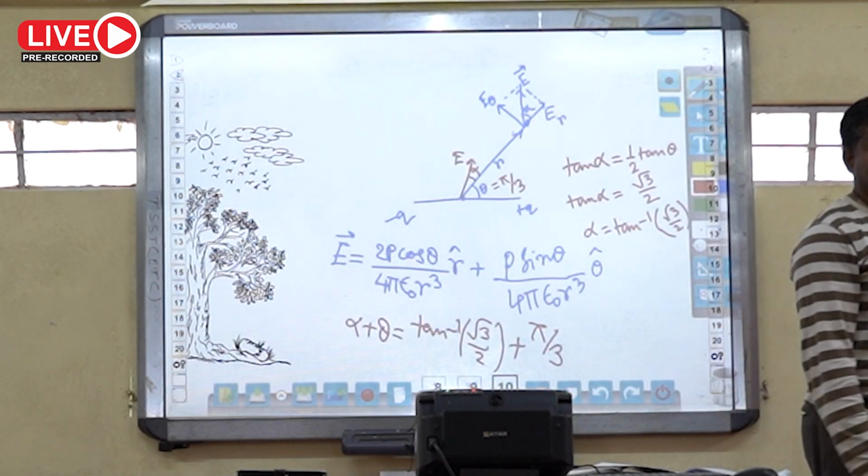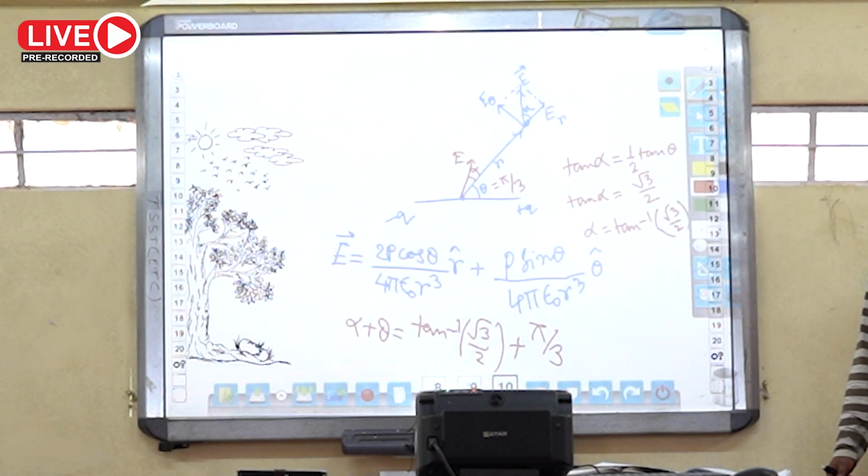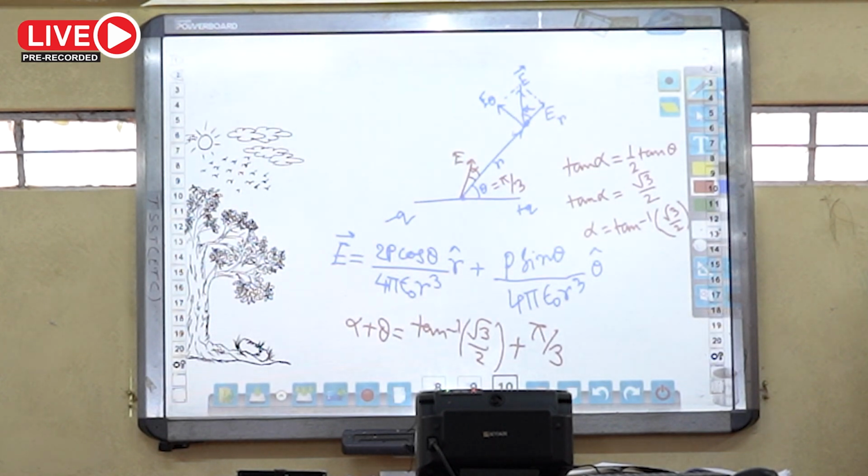Option B. First you have to calculate the angle between E vector and the radius, and then the radius also makes an angle pi by 3 with the x-axis. So theta plus that alpha will be the angle of the electric field with the x-axis.